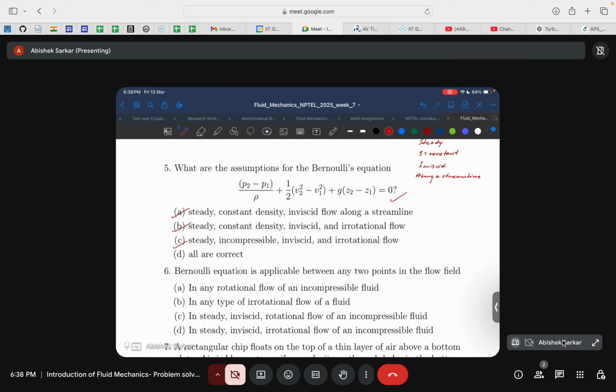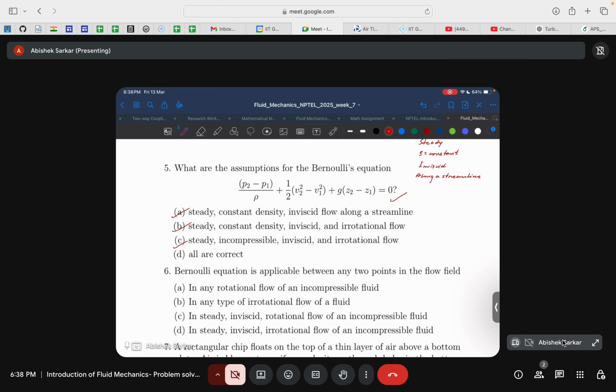Maybe there can be some ambiguity, like people may say, sir, incompressible does not mean the density is constant. It might happen that two terms in the mass conservation may cancel out each other effectively. Yes, correct. But density equal to constant also implies incompressibility, right?